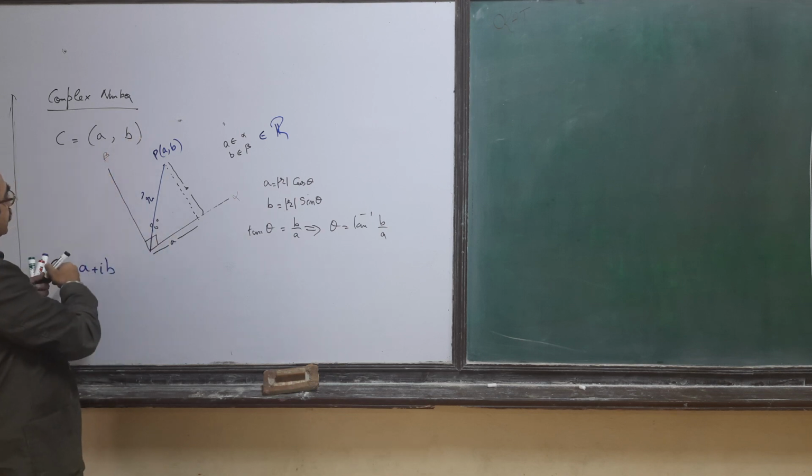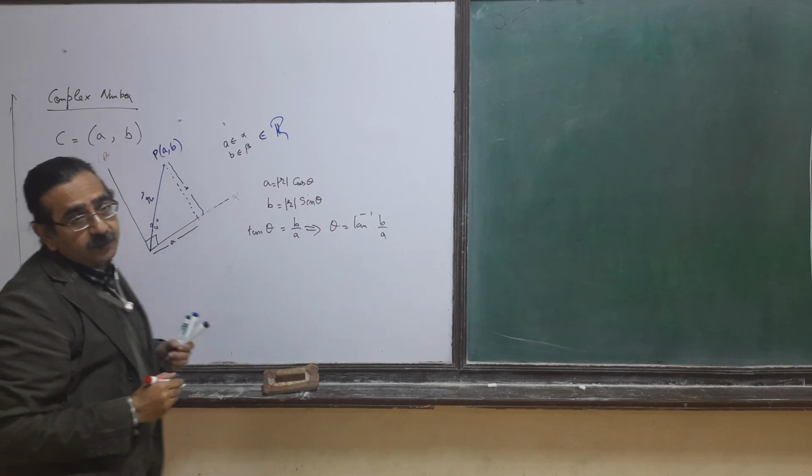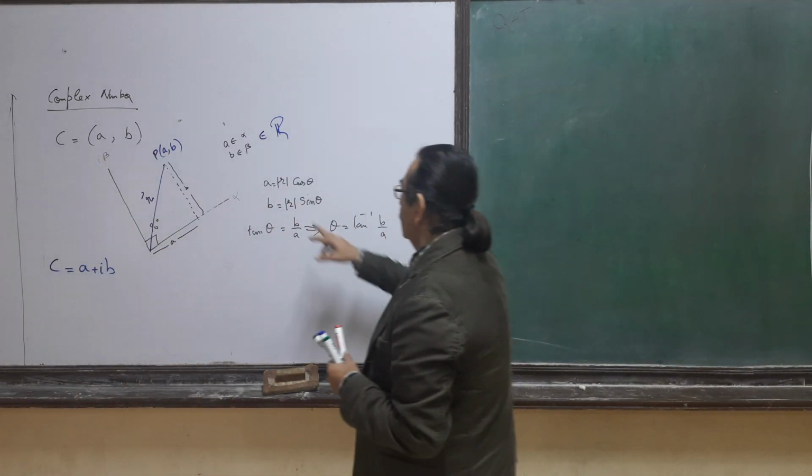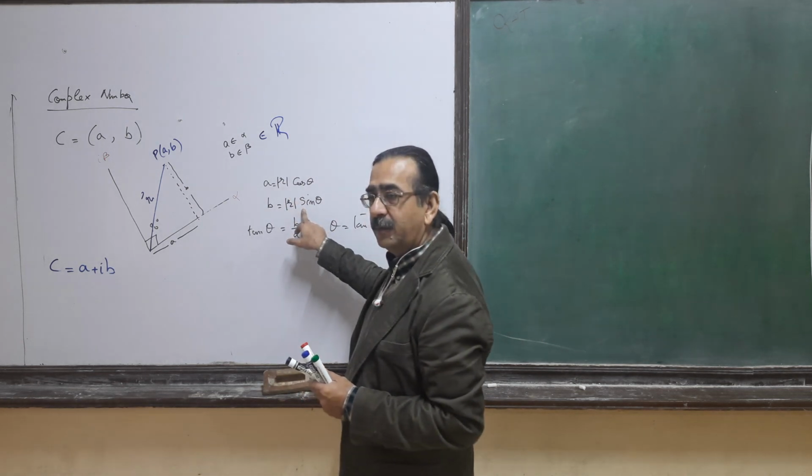This is along the iota axis. A will be this and B will be this.